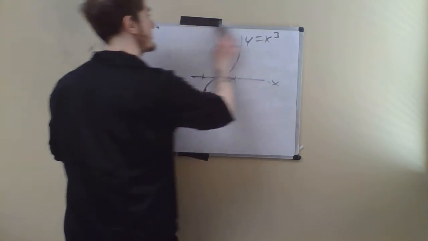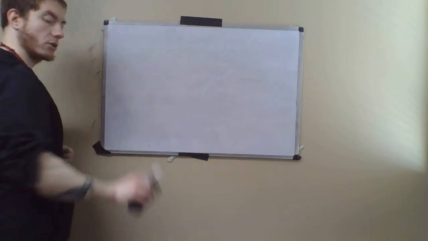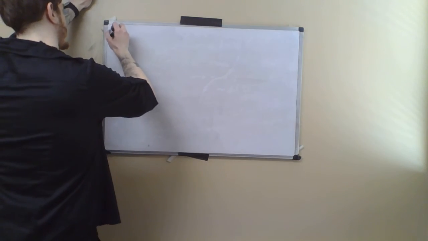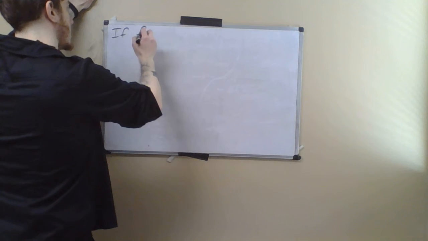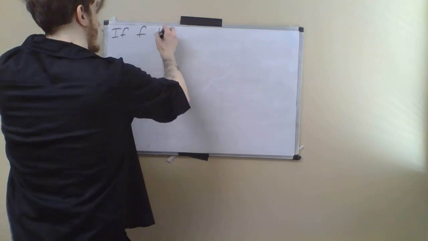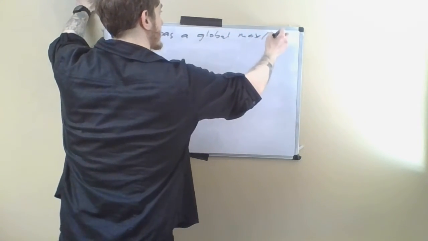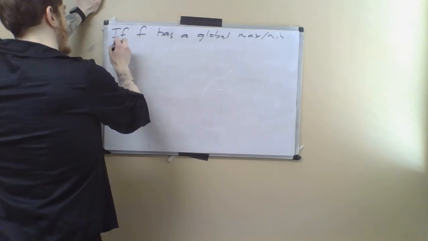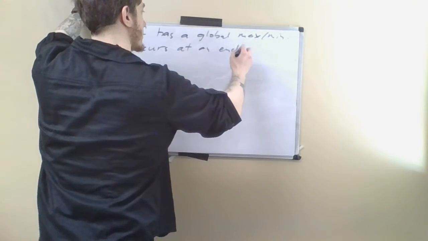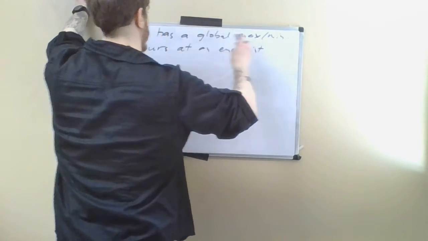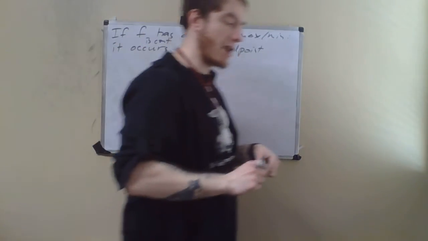The one other thing I want to observe here is, how does this connect back to the global maximums and the global minimums? So notice that if f has a global maximum or minimum, it occurs at an endpoint, let's say if f is continuous, because we also have to take into account discontinuities.